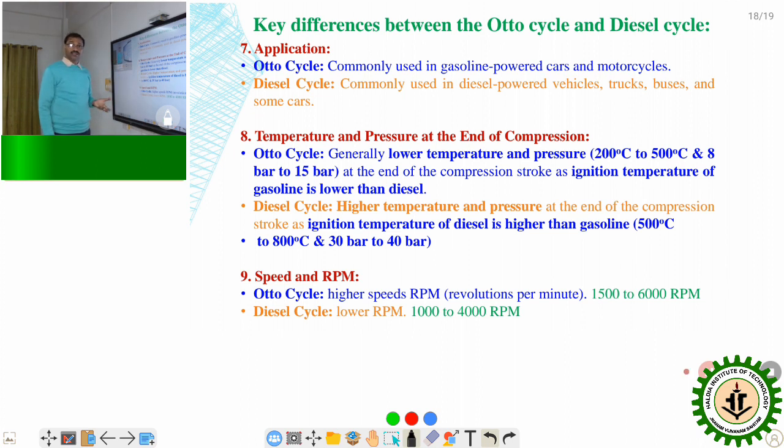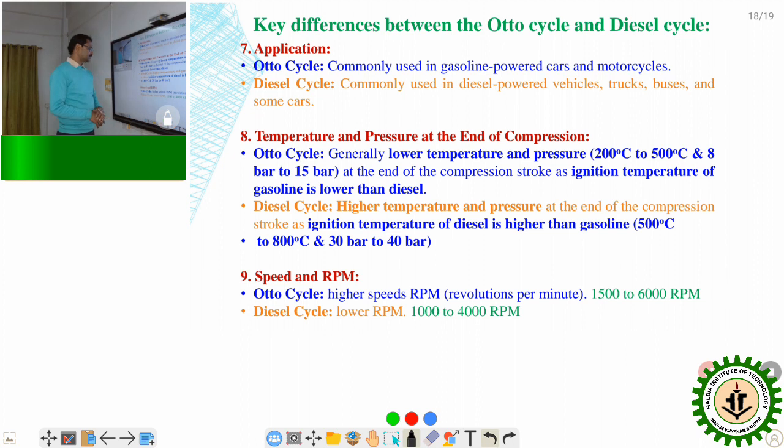As there is a high pressure, high pressure will be applied on the piston. Obviously, we get more power or more work done from the diesel engine. And speed: Otto cycle is called the higher speed engine, and diesel cycle is the lower speed engine. In Otto cycle, the speed of the flywheel on the shaft is very high, ranging from 1500 rpm to 6000 rpm.